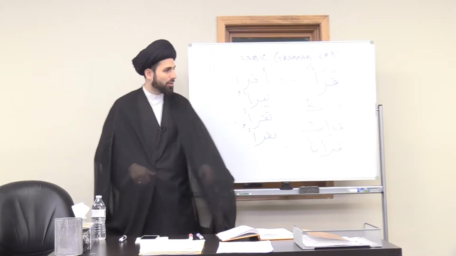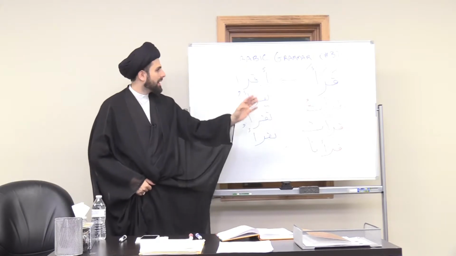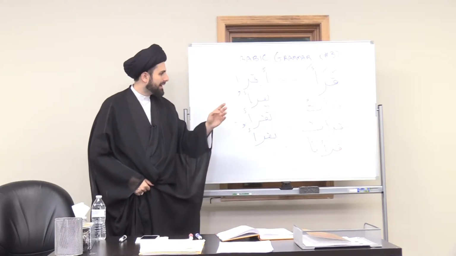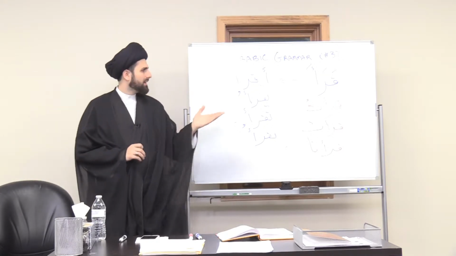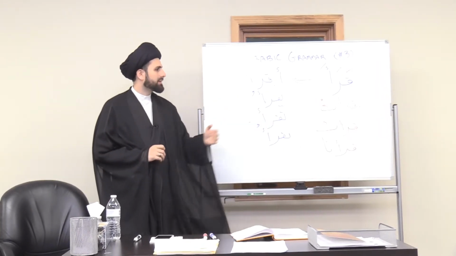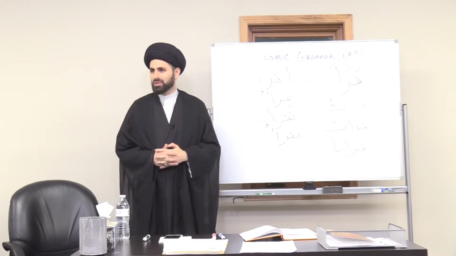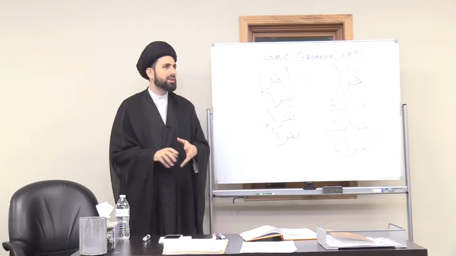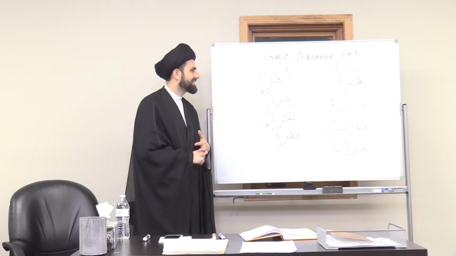Let's look at this word more closely. When you look at the past tense, qara'a, qara'tu, qara'at, qara'na, where is the pronoun? In the beginning or the end of the word? We see that it's in the end of the word, right? What is that an indication of? Past tense. This is a past tense verb.